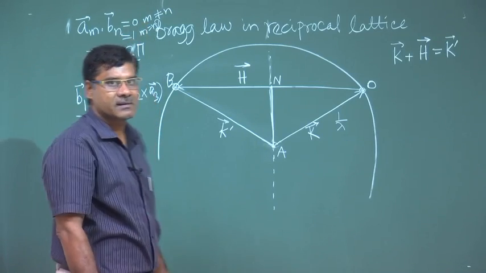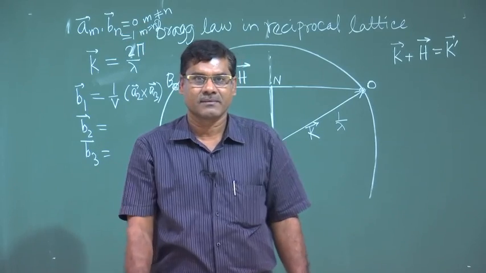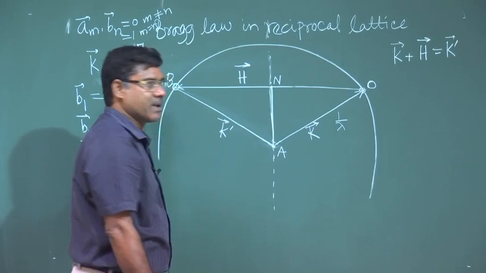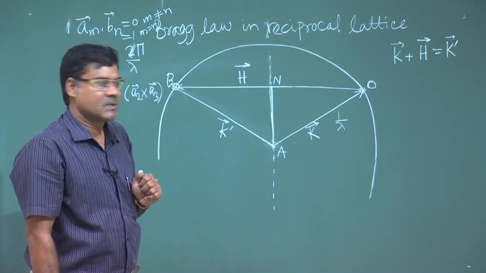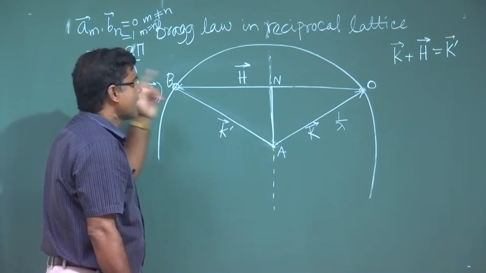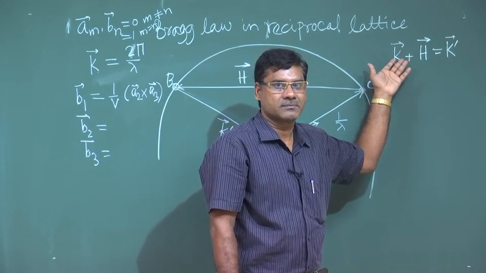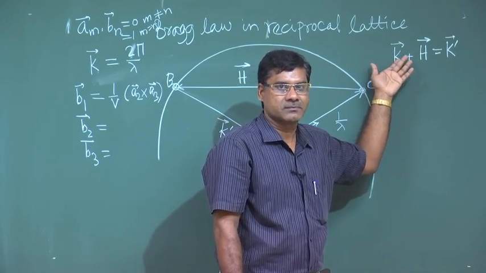Then the wave vector is 2 pi by lambda. So, this k we can treat as a wave vector, momentum vector.